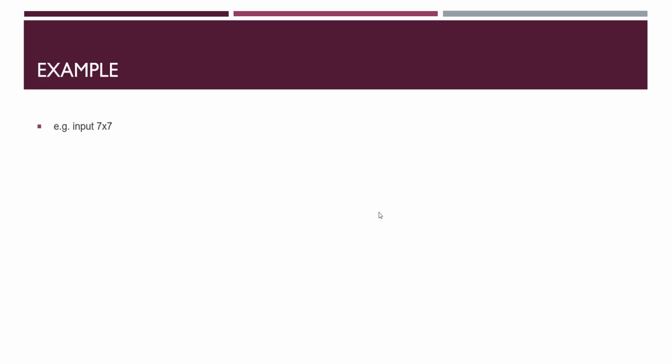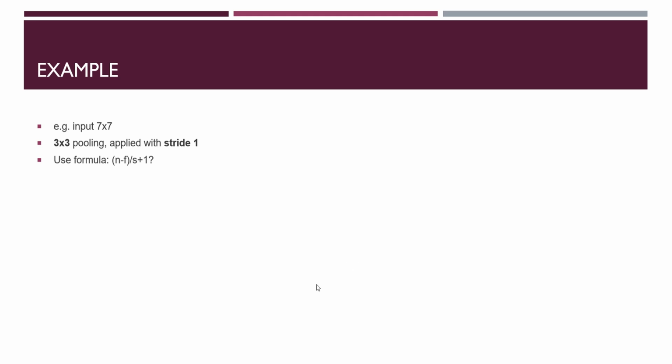So let us take an example. If it is a 7 by 7 input and a 3 by 3 pooling that is applied with a stride of 1, we use the same formula that we have used earlier for convolutions, that is n minus f divided by stride plus 1. So here we do not perform padding as such. It's not very common to perform zero padding before you apply max pooling operation.